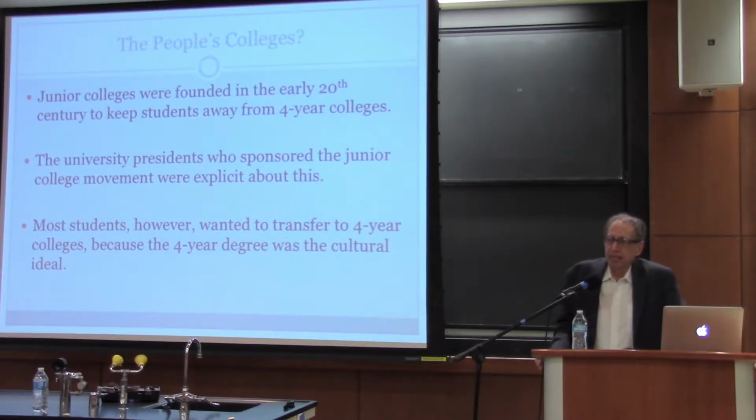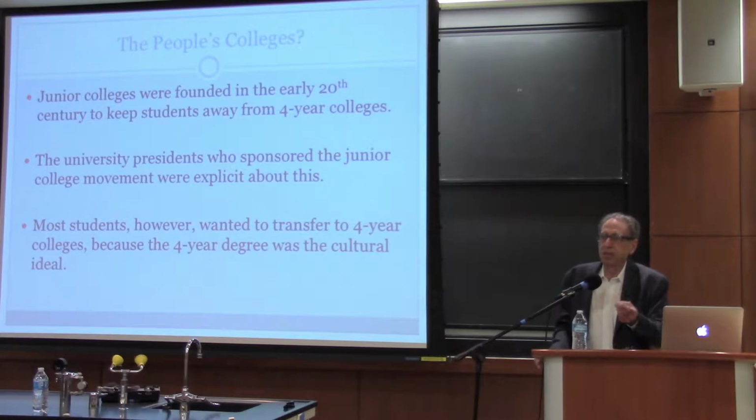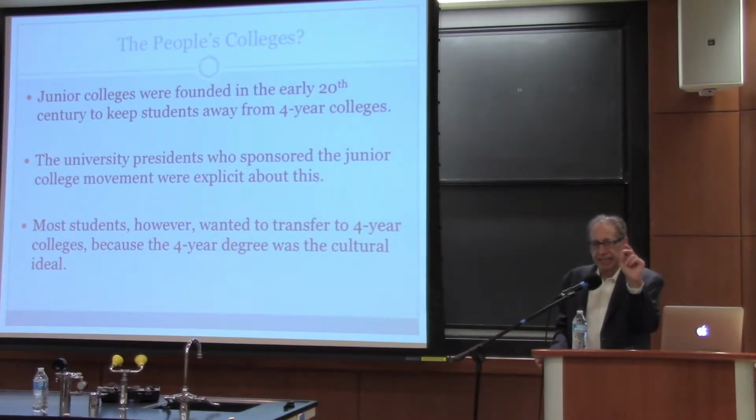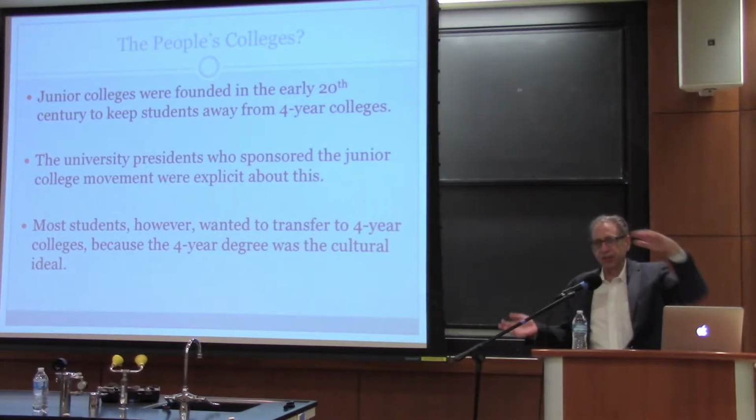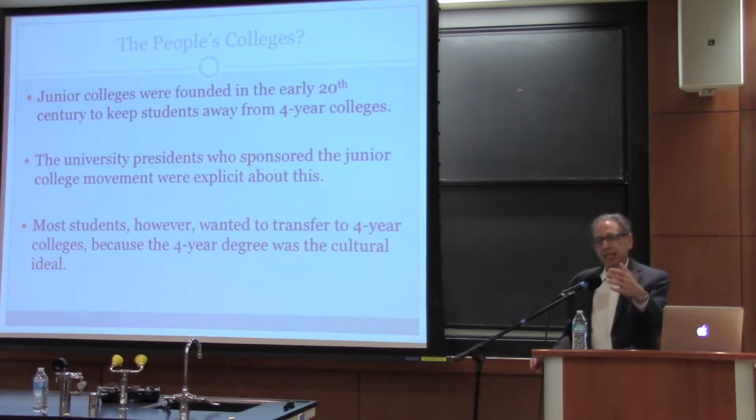But as a matter of fact, the beginnings of community colleges had to do with a handful of university presidents and deans who were interested in keeping students from going to their elite colleges. They started community colleges to create a kind of barrier institution that would divert students from attending four-year colleges.